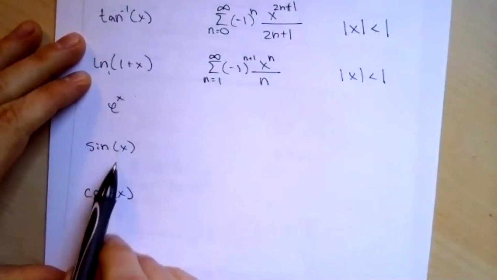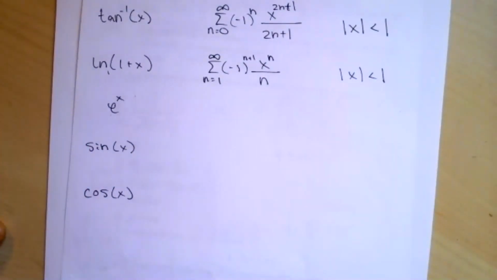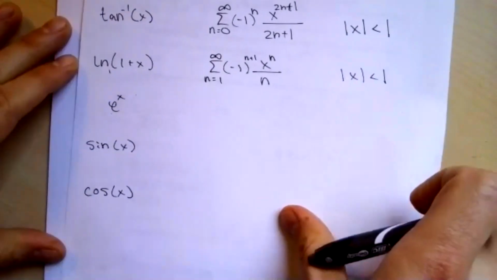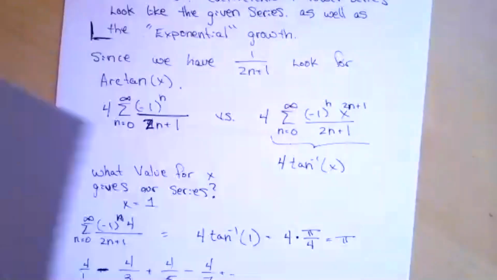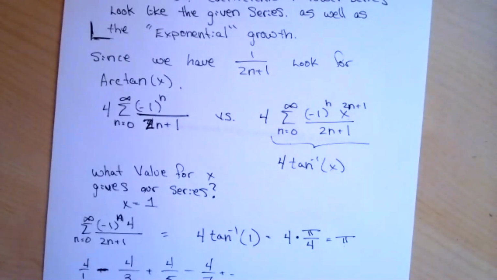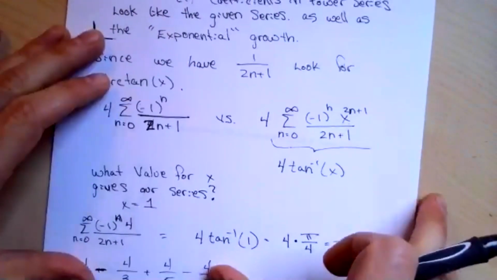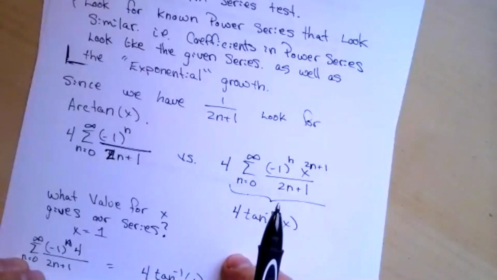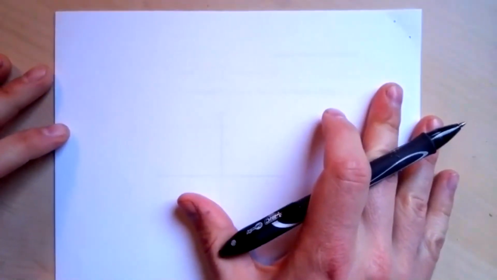Let's go ahead and move on, and let's try to finish this table and fill in our base functions, our building block functions: e to the x, sine of x, and cosine of x. We need new methods for that, because e to the x, sine of x, and cosine of x are all three highly related to each other, but they're not related so much to our geometric series.